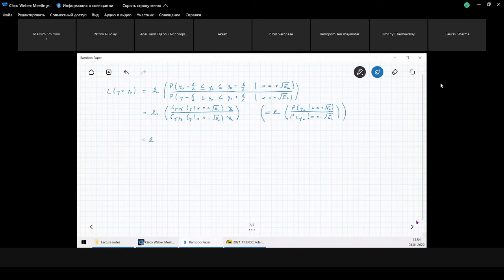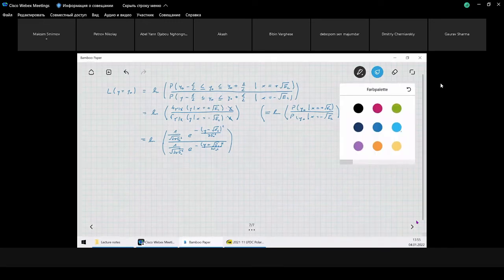Now you will see why we use the ln here, because if I introduce these two distributions, 1 over square root 2 pi sigma n square times e to the power of minus (y minus square root EC) square divided by 2 sigma n square, and divide this by the second one, 1 over square root 2 pi sigma n square times e to the power of minus (y plus square root EC) square divided by 2 sigma n square, you see the factor here will cancel out.